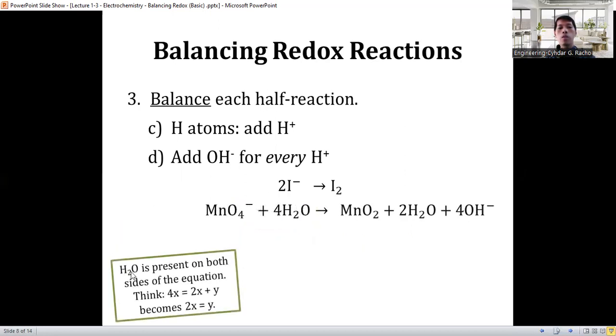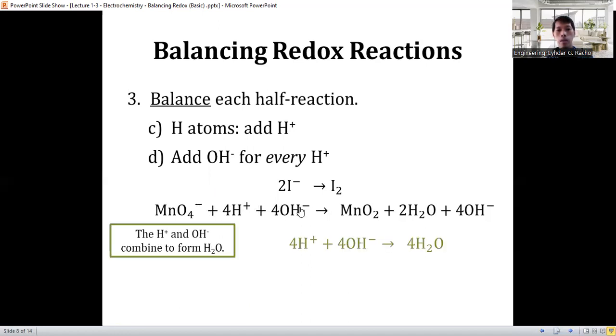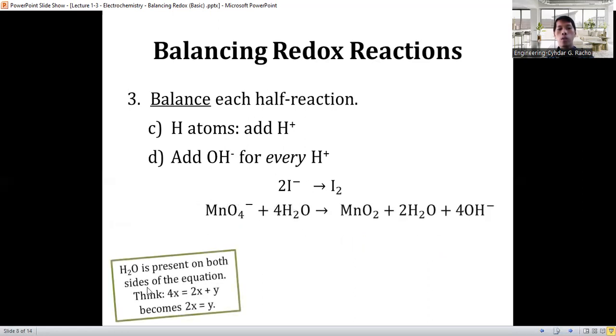Okay, so H2O is present on both sides of the equation. Balikta. So ito, kinumbine nila no, into 4H2O. So as you can see, H2O is present on both sides of the equation. See?